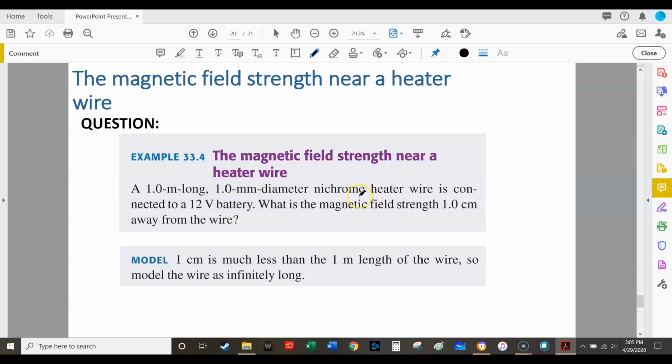So here's an example from Knight's textbook. You have a 1 meter long wire. It's a 1 millimeter diameter nichrome heater wire. So this is a more complicated problem. It says, what's the magnetic field strength 1 centimeter away from the wire?